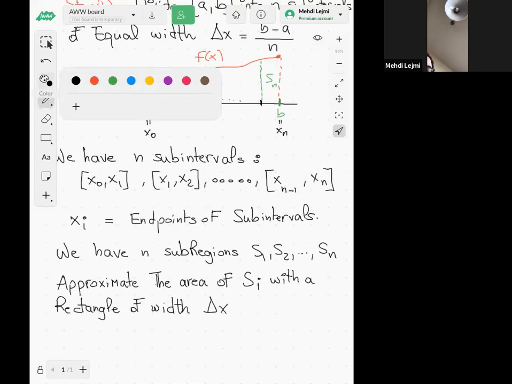As I said, guys, I divide my interval into n subintervals.